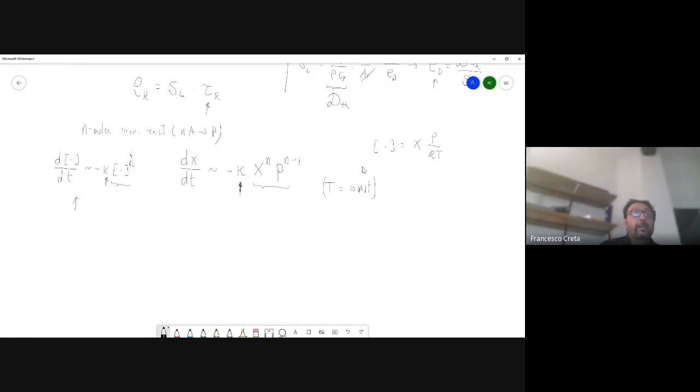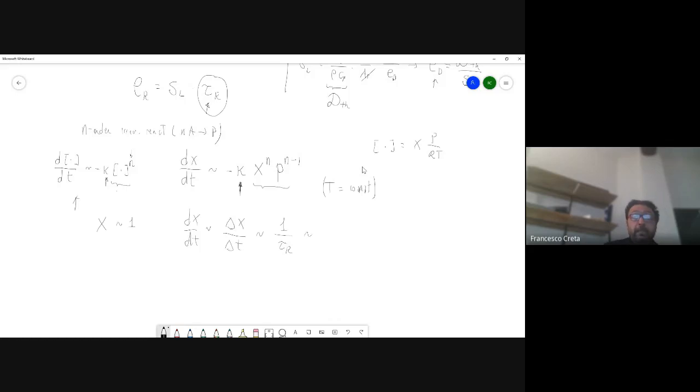So how do we express tau R? Well, you know that X is a number from 0 to 1, so it's of order 1. This dX by dt is essentially the variation of X divided by delta t. So this can be assumed as being something of order 1 divided by a reaction rate.